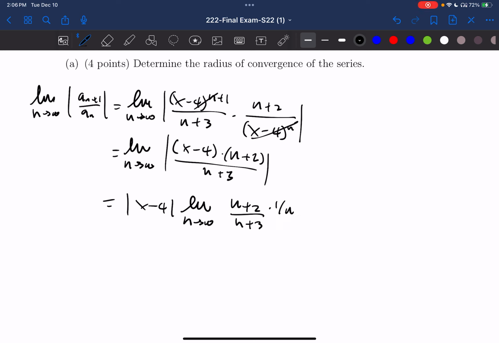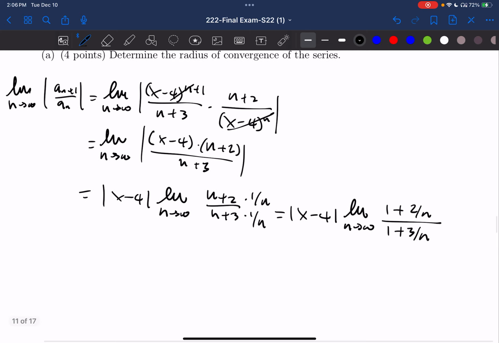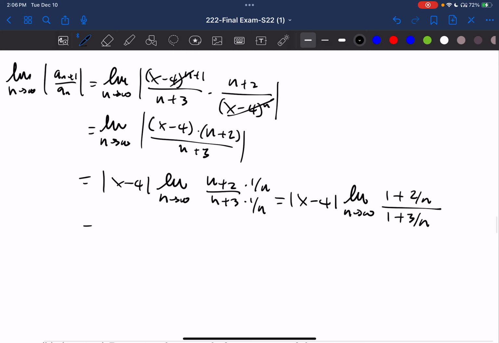Multiplying both the top and bottom by 1 over n, we will get the absolute value of x minus 4, that stays, times the limit as n goes to infinity of 1 plus 2 divided by n, all divided by 1 plus 3 divided by n. We can see this will be equal to the absolute value of x minus 4.